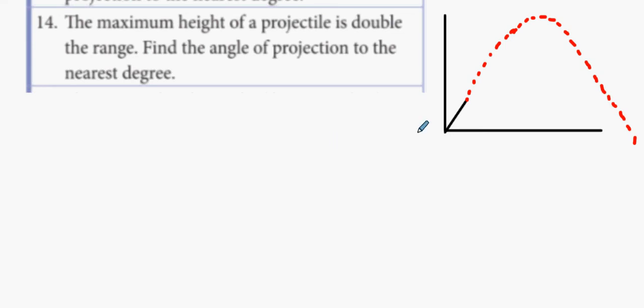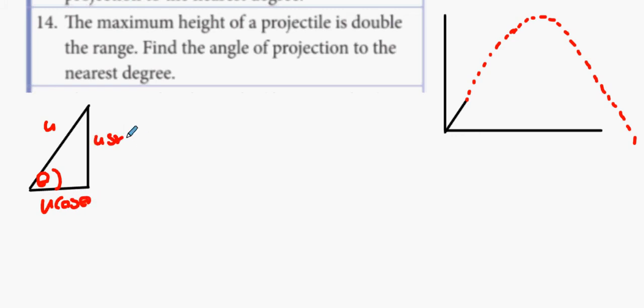Now, if we zoom in on the throw, it's going to be quite a high angle pitch, and it should be theta, and then we call this u. What does that mean about the adjacent side? u cos theta, and what does it mean about the opposite side? u sin theta, okay?